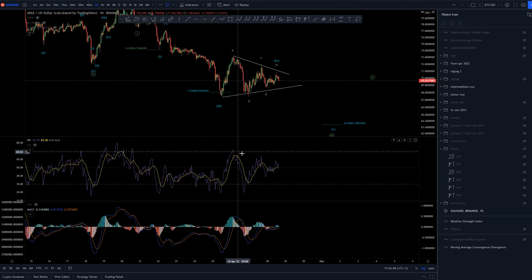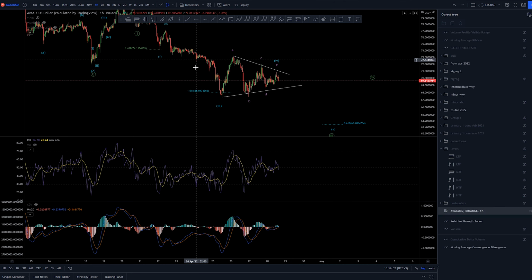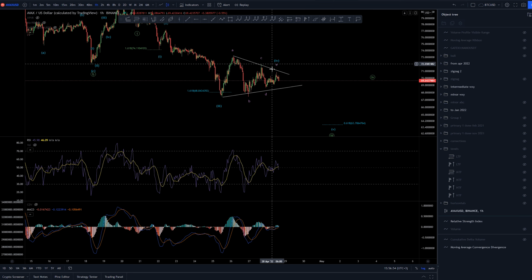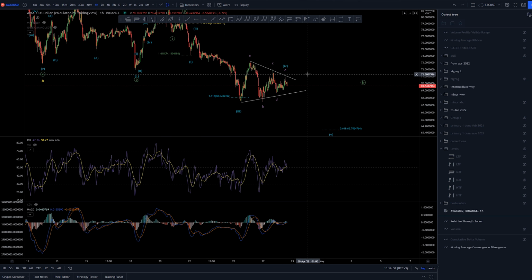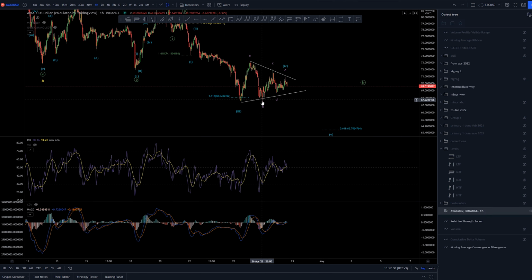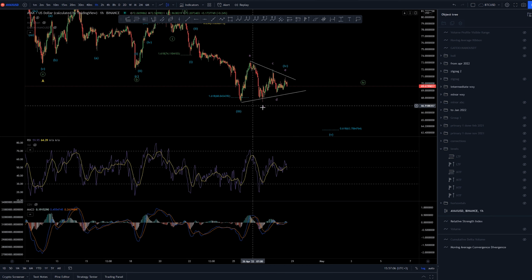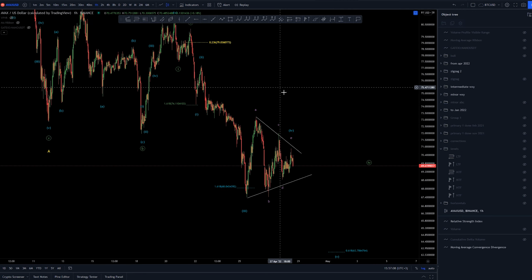This is actually pretty good looking on RSI as well, which is nice to know, that RSI supports these things as well. There's a wick down here, but again it is not invalidating the start. It is super close though, but not invalidating it.